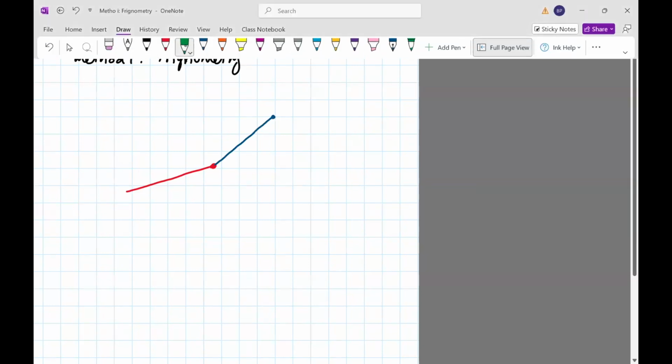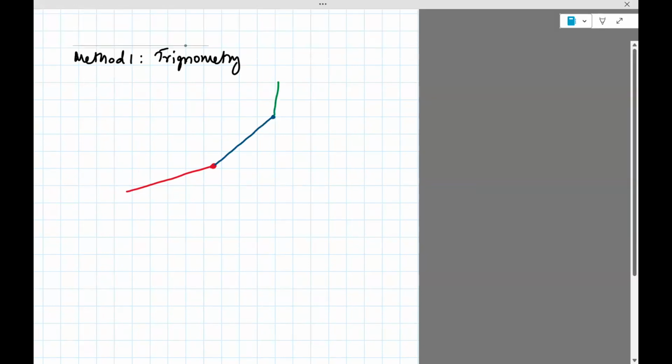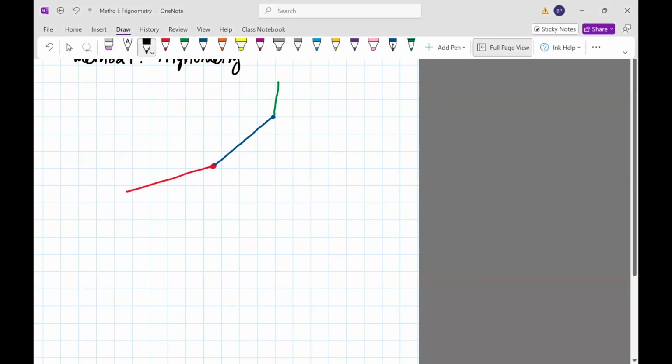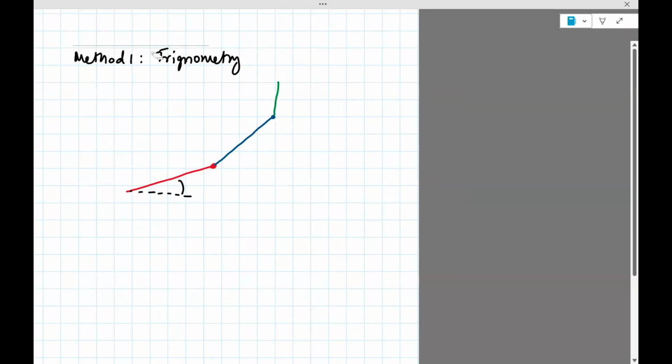I'm showing it this way because the way I've shown it, all the angles comes out to be positive. So this is, for example, theta 1. This is theta 2. It's positive because it's counterclockwise.